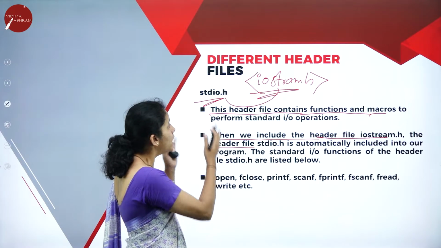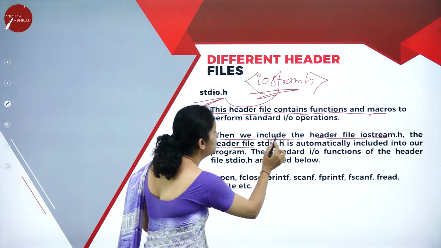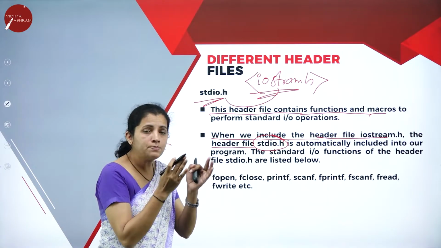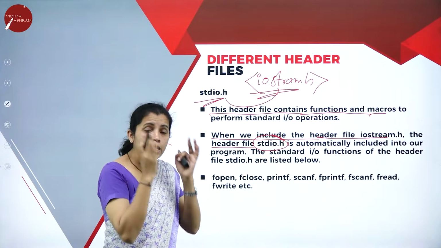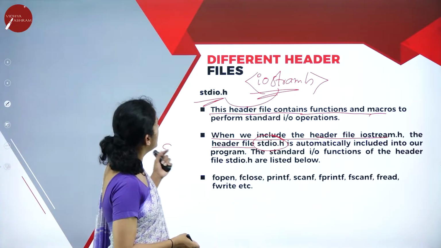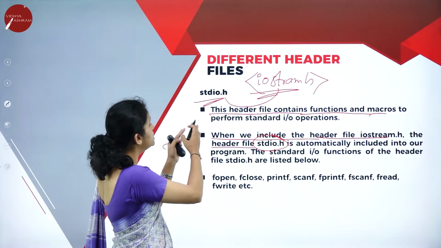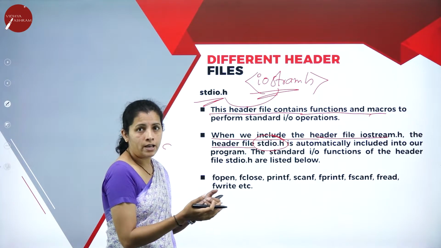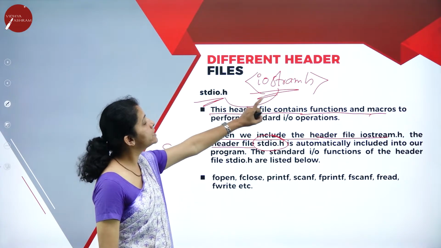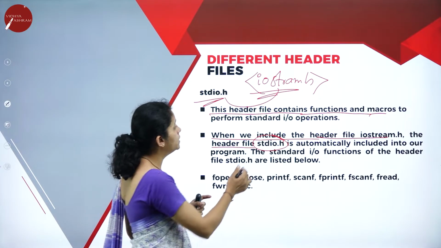And when I include iostream.h, automatically it includes stdio.h, because the C++ programming language includes all the features of C. So what's the feature of C? That is stdio.h. That means C supports the stdio.h header file. And in my C++ program, if I include iostream.h directly, automatically it's going to include the stdio.h header file.